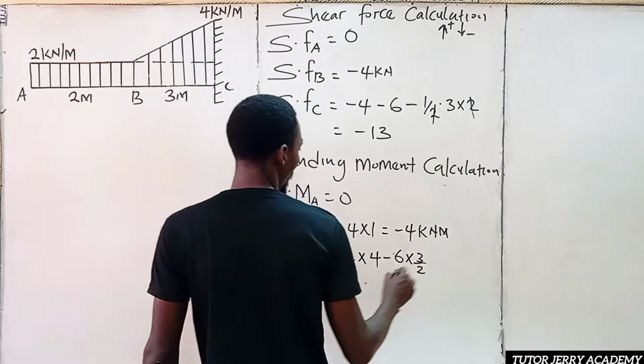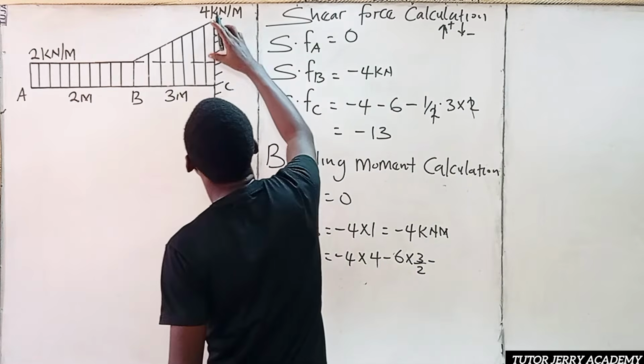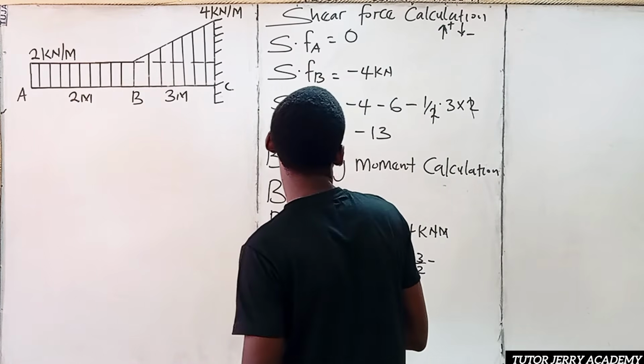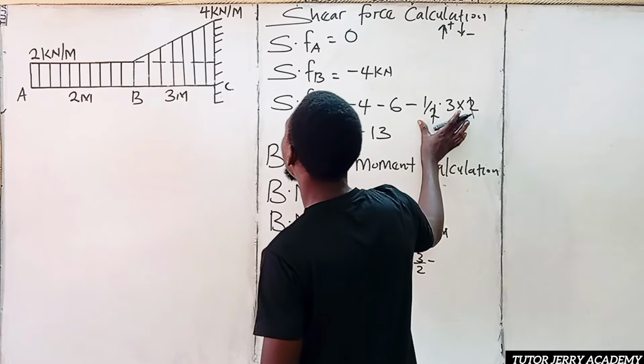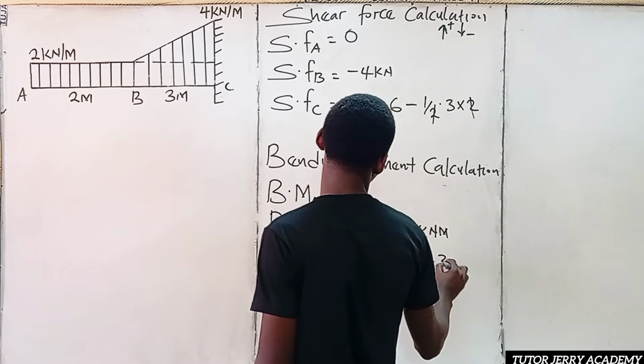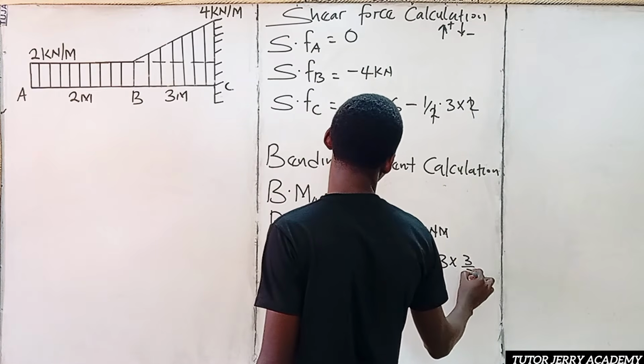We have another distributed load here. When we convert it to a point load, we have it to be 3, and it's acting downward. So it's going to be -3 multiplied by 3 divided by 3.